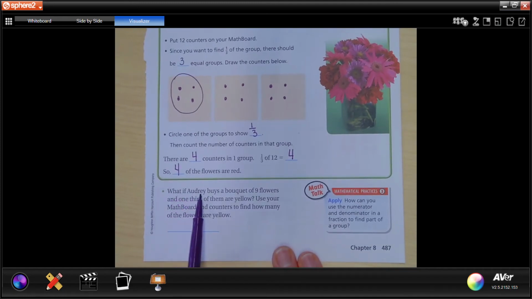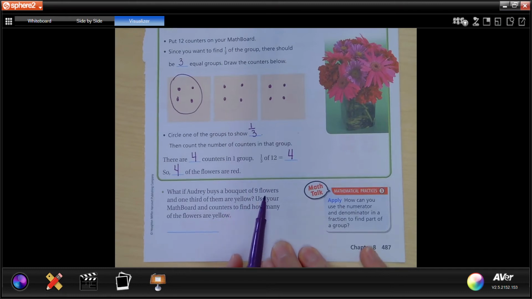What if Aubrey buys a bouquet of 9 flowers and 1/3 of them are yellow? Use your math board and counters to find how many of the flowers are yellow. So we know that Aubrey has 9 flowers, and we know that 1/3 of them are yellow.